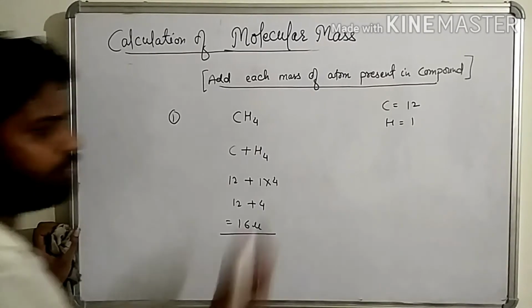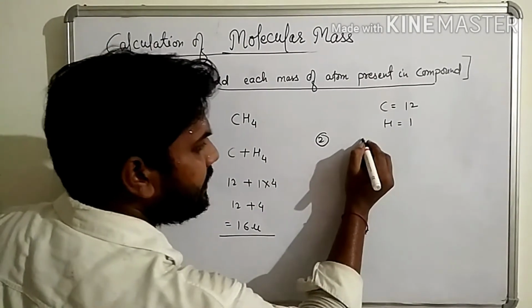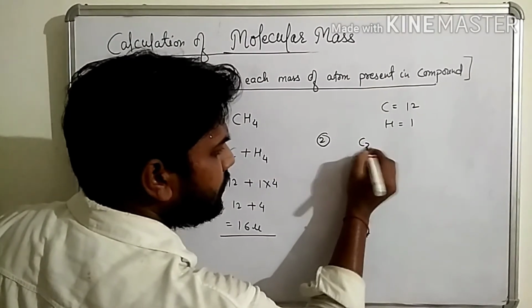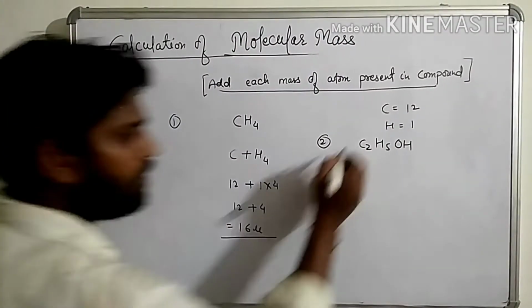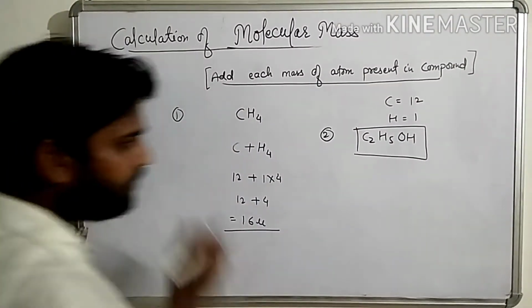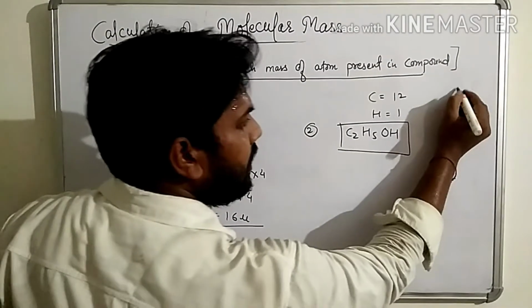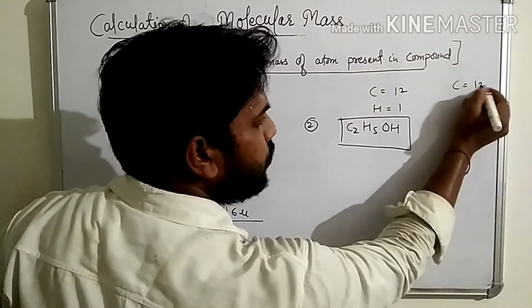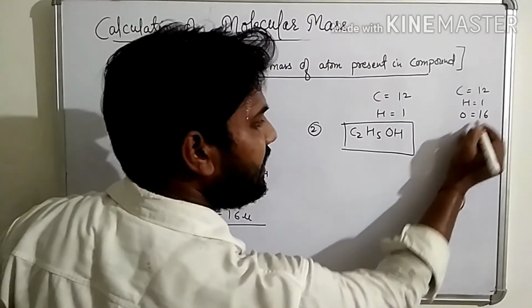Understood, children? Second, C2H5OH. Let us calculate the molecular mass of this compound. The atomic mass of carbon is 12, hydrogen is 1, oxygen 16.